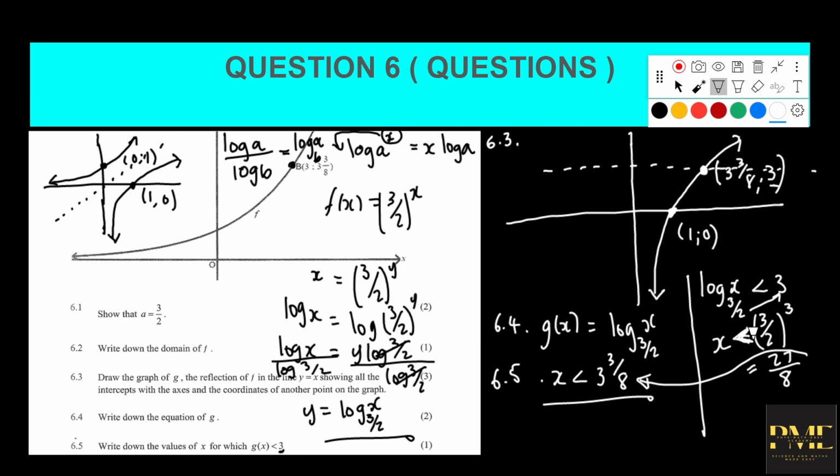Let me just correct the equals to less than. So our x is less than 27 over 8. So you can easily see now that our x is less than 3 and 3 over 8. So you can answer this question by looking at the graph. Or if that is hard, just take your equation and make it less than whatever they told you it's less than, and solve for x. This will also give you one and the same answer.